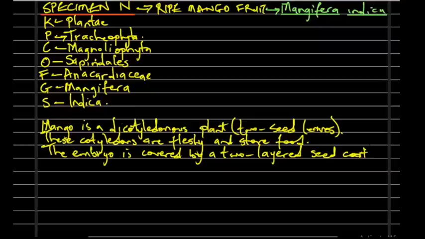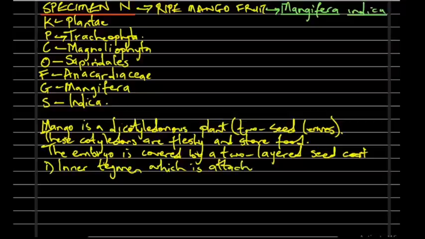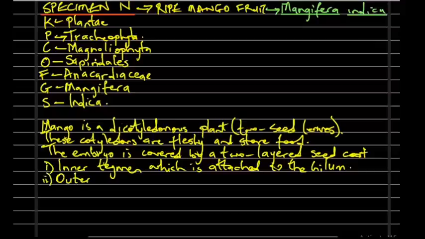We call them the inner tegmen and then the outer testa. One, the inner tegmen. This inner tegmen is attached to the hilum. And then we have the second coating, which is the outer testa.